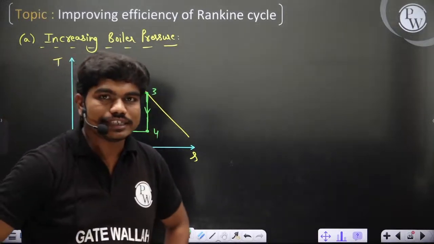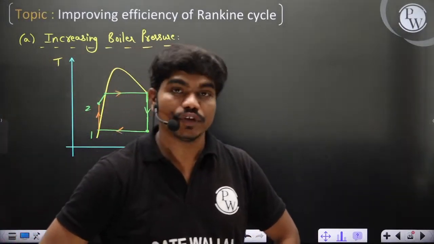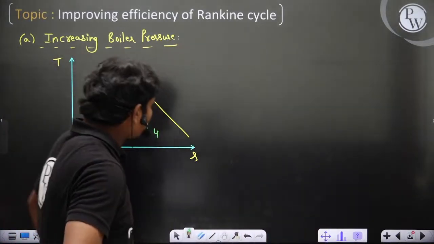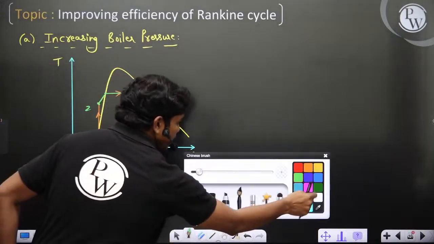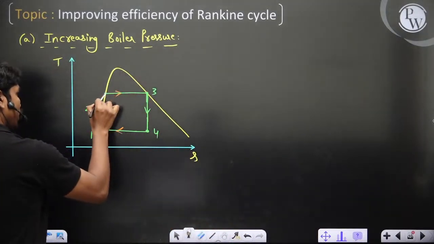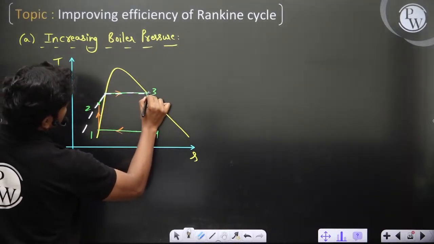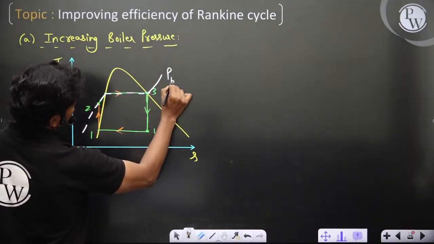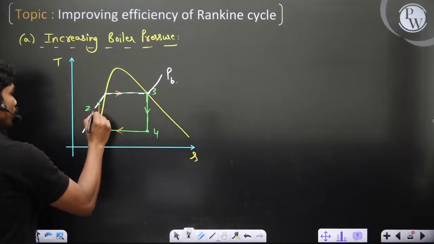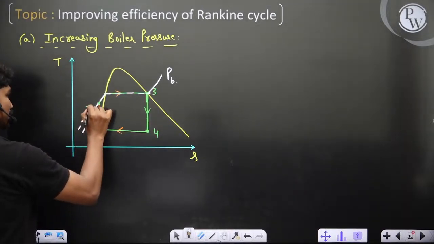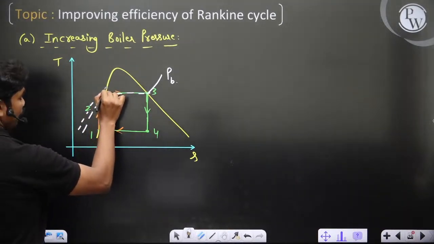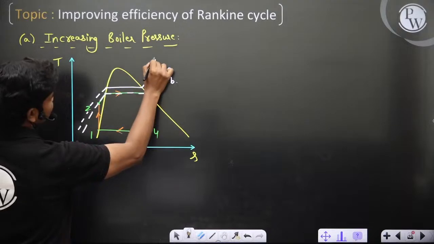Now let's see, you are increasing the boiler pressure. So what happens if you increase the boiler pressure? The first thing that happens is, look, let's say this is the line of the actual boiler pressure, this is PB. Now you are increasing the boiler pressure to some other value, so this is PB dash.